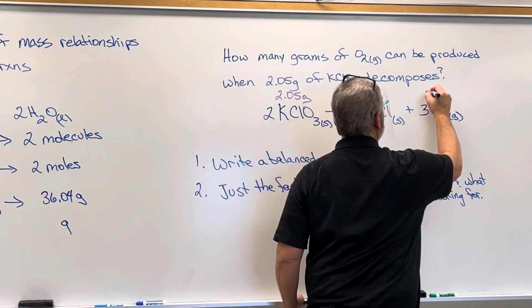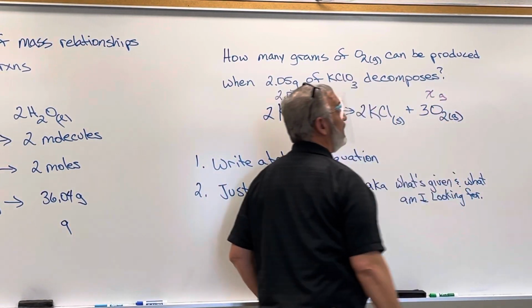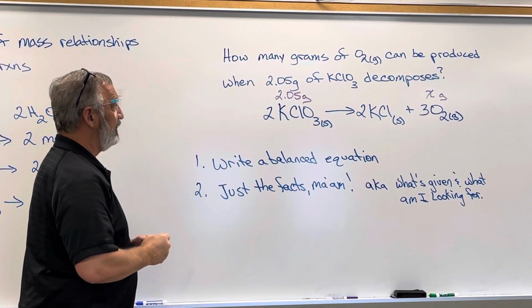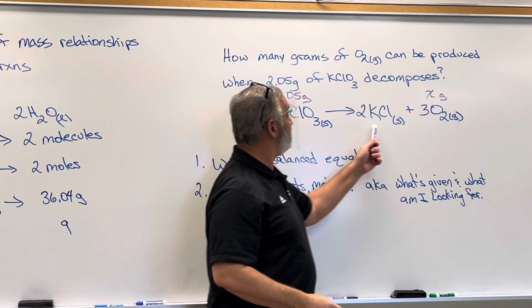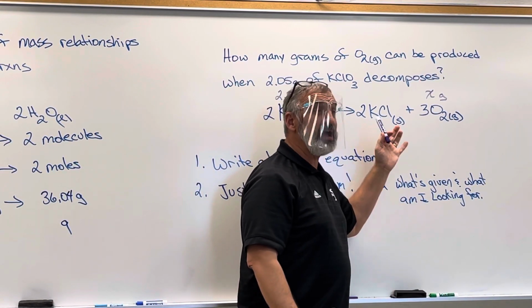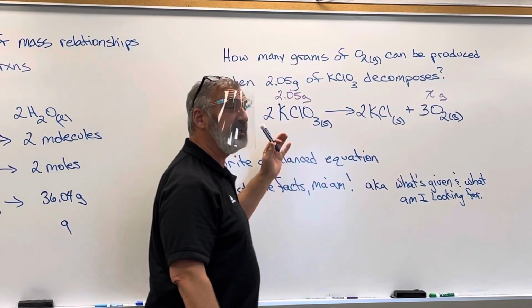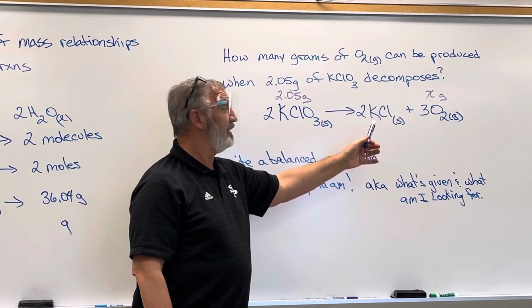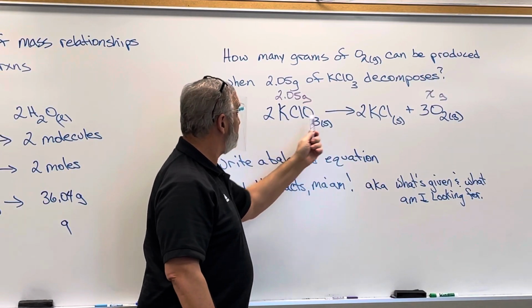The amount of O2, grams of O2. And I'm going to go ahead and put the unit because the units are going to be important. I have to have the KCl in here to write the balanced equation, but now once I have the balanced equation, I'm only interested in my given and my unknown. So I'm only worried about this one and this one.